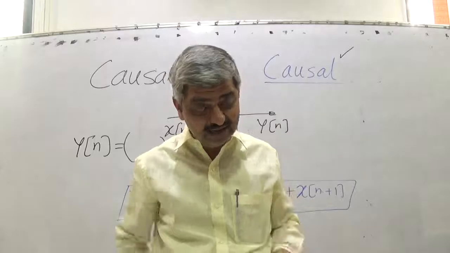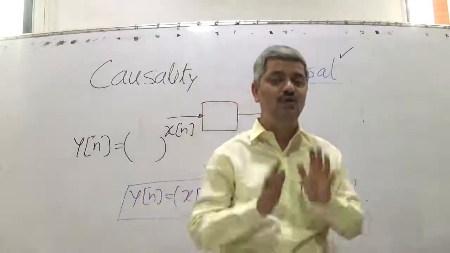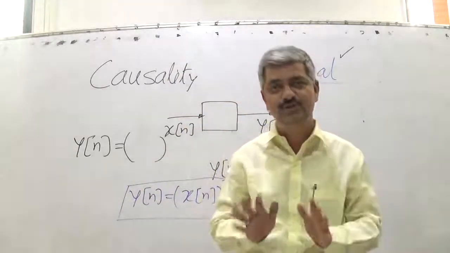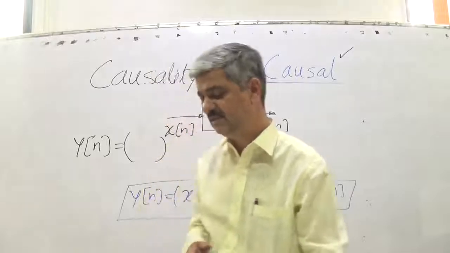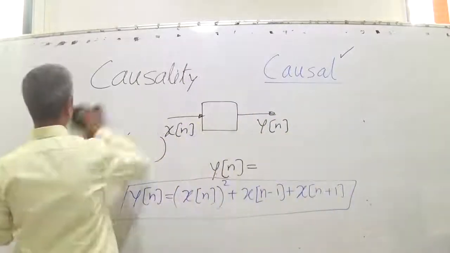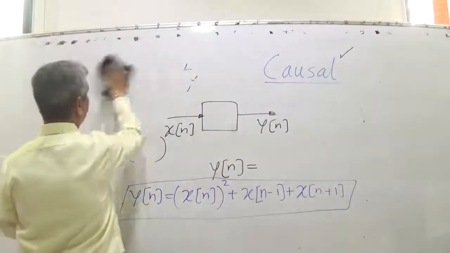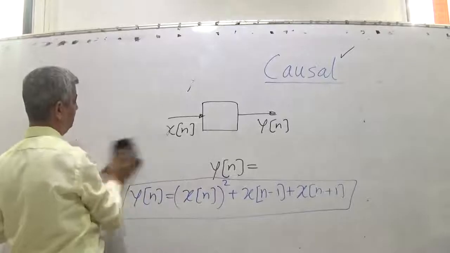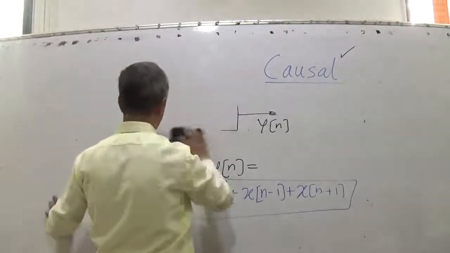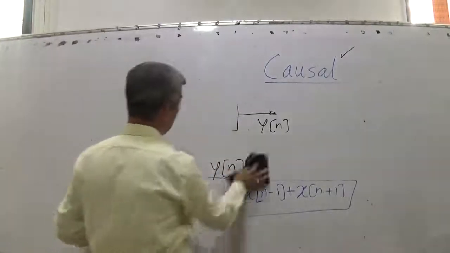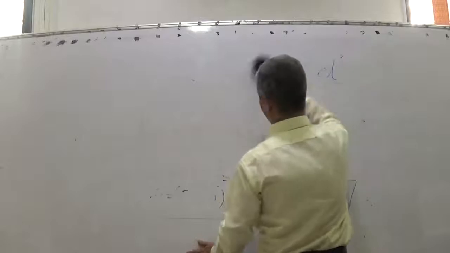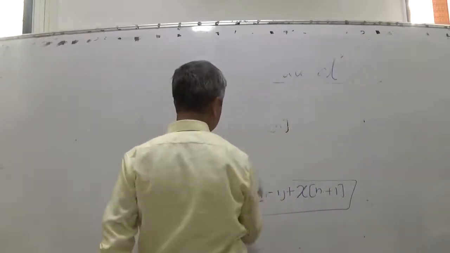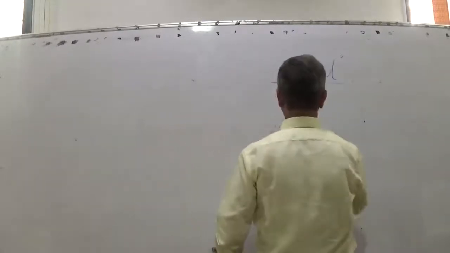So is the idea clear? Causality is where there is a cause-effect relationship between input and output. So we have discussed linearity, time invariance, and causality, three important properties.